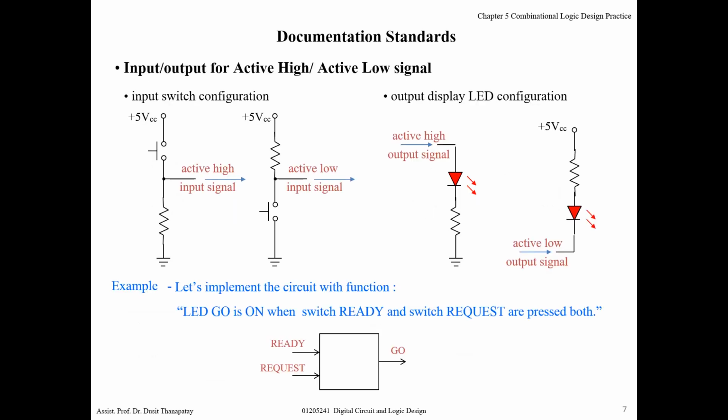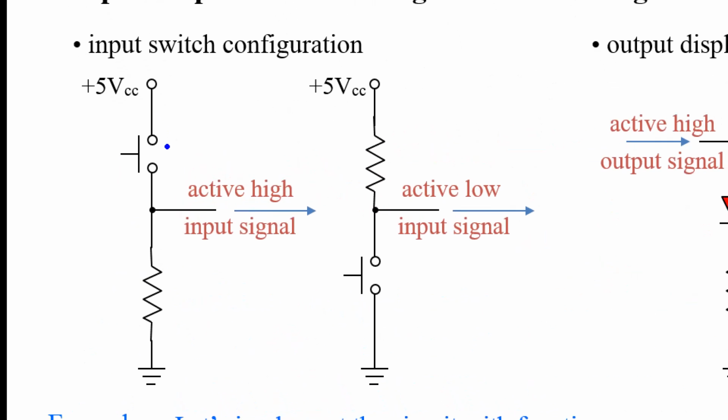Now let's consider the basic inputs when you implement the circuit. The first one is the switch. For example, this one is the switch, and this one is a resistor, connected to ground and to VCC, positive 5 volt. Let's consider if the switch is released, it's an open circuit, right?